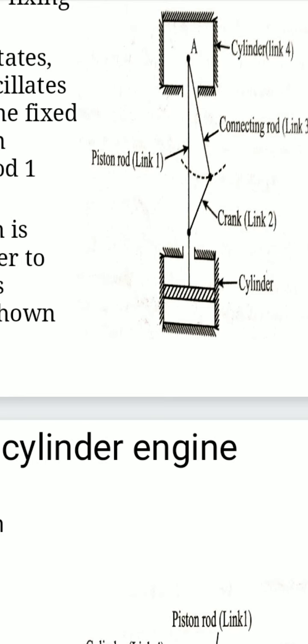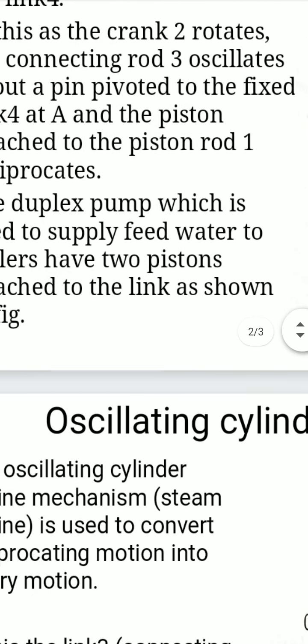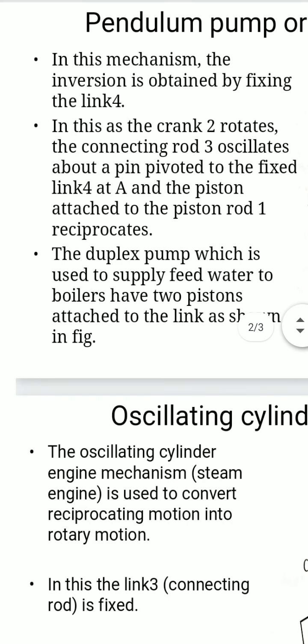Since the cylinder is fixed, the connecting rod oscillates with respect to the point A. As the connecting rod oscillates, the piston rod, link 1, also oscillates, which transmits the motion to the piston. So as the crank rotates, the connecting rod 3 oscillates about the pivot on the fixed link at A, and the piston attached to piston rod 1 reciprocates.